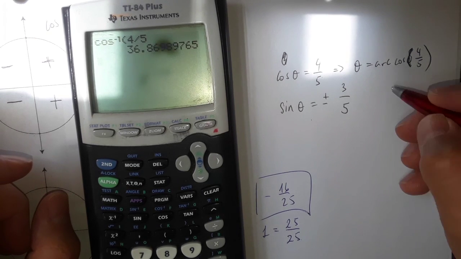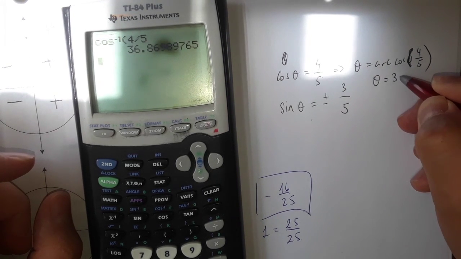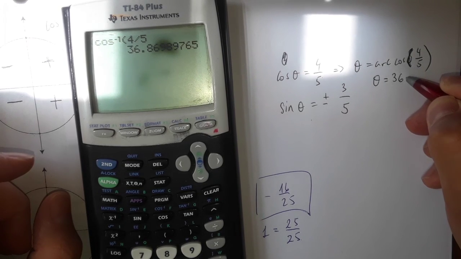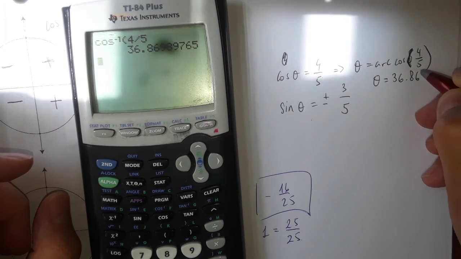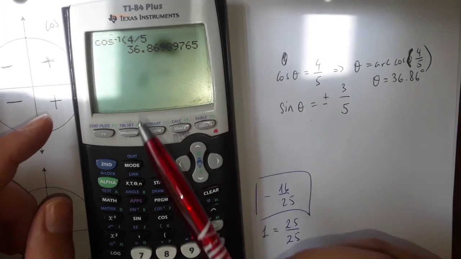And what we get is 36.86, because of the symmetry of the cosine.